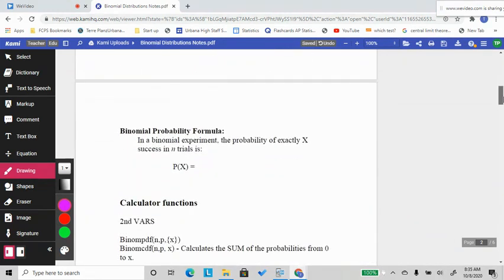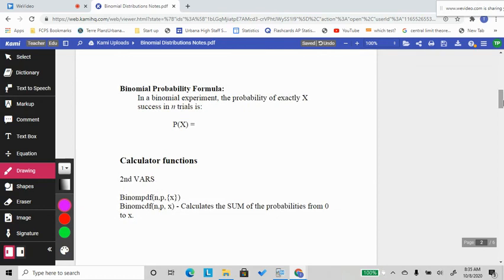Okay, so let's talk about the binomial formula. You're going to see the binomial formula written several different ways. I kind of change it up here. The first thing that we're going to talk about is this part right here. If you're taking AP, this is going to be N and an X here. It's just a symbol that AP uses and also the SEC book uses.